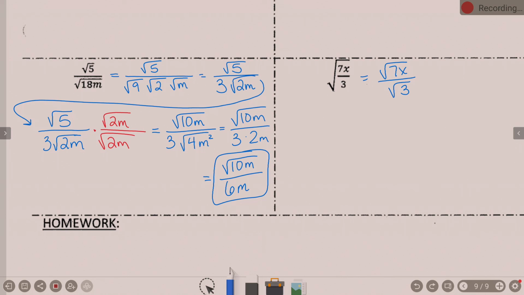7 and 3 don't reduce. Are there any perfect squares here? No, 7 and 3 are just prime numbers, no perfect squares. So what do I do? Am I done? No, because I have a square root in the denominator. How do we get rid of that square root of 3?